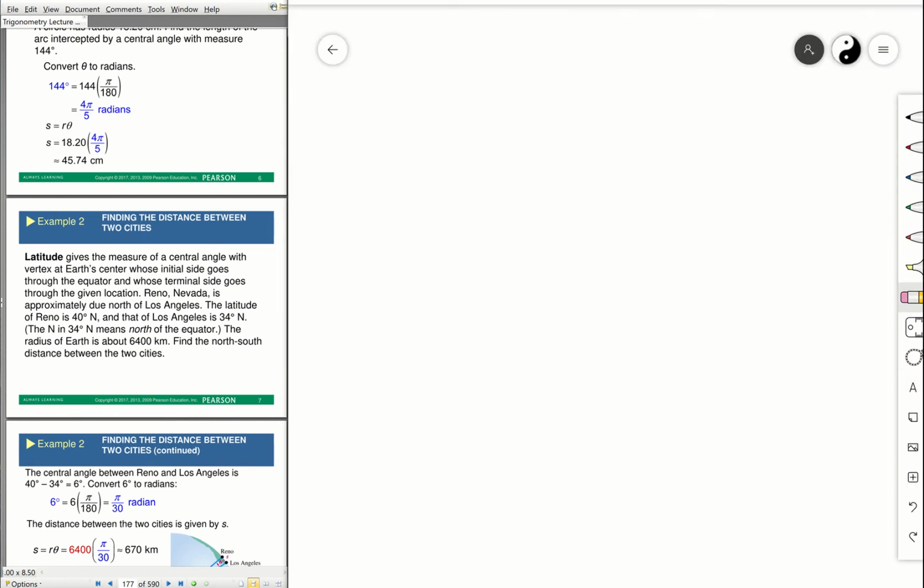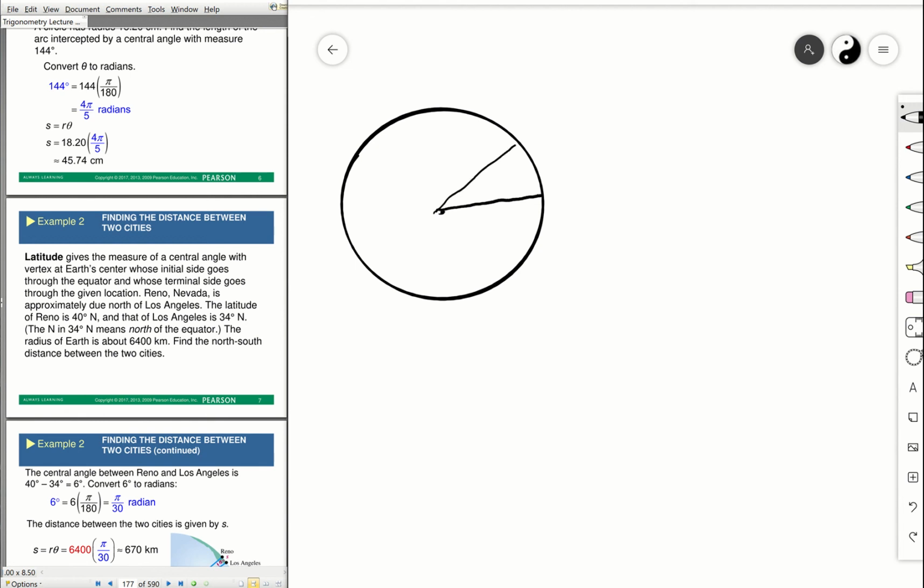So now let's go ahead and take a look at the problem. Notice we can just go ahead and worry about the latitude at this time. So let's say that this is that segment side of the angle which is drawn to the equator, and we can go 34 degrees north, imagining the Earth is rotated so that Los Angeles and Reno happen to be on your right side when you look at the Earth.